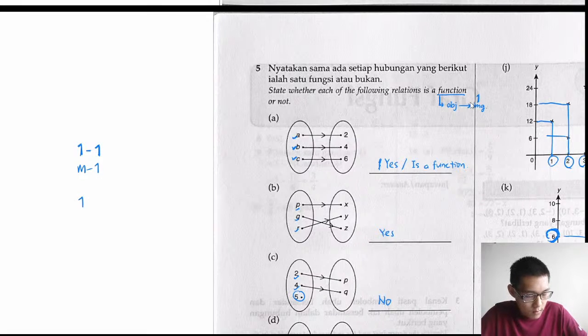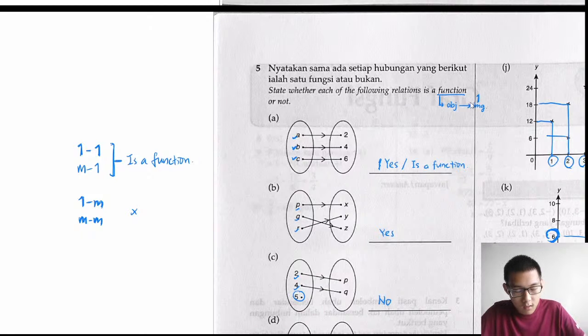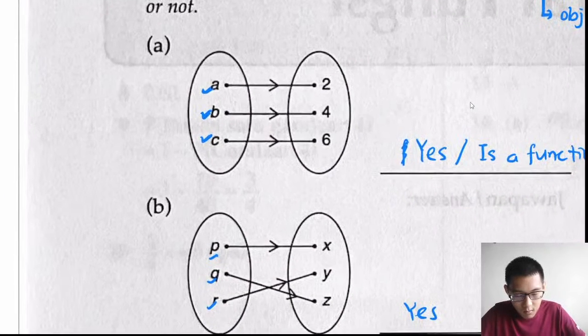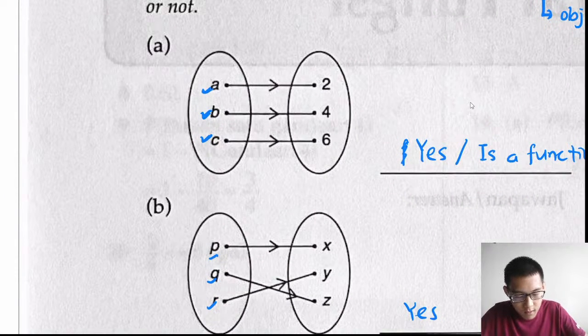If one to many, it is not a function, because one object goes to many images. Many to many is complicated, so this is not either. So with these two conditions, we can classify it as a function or not a function. Okay, so just now when we look at this one, let's compare. Because all are one to one, it's one to one.